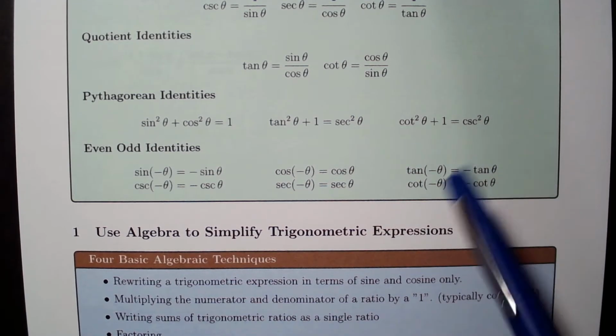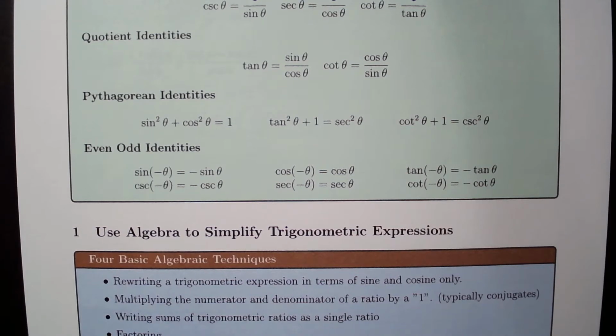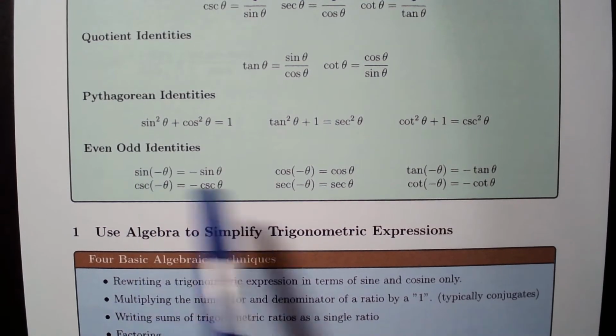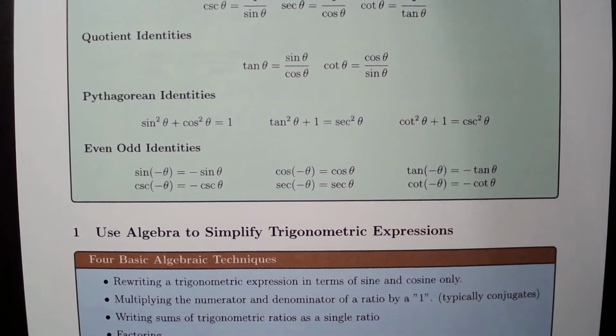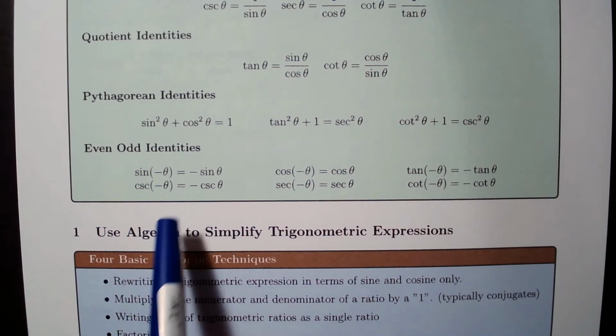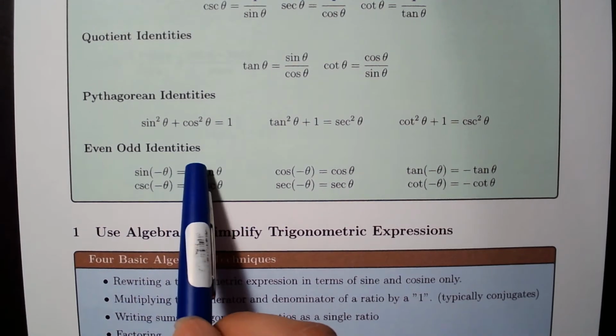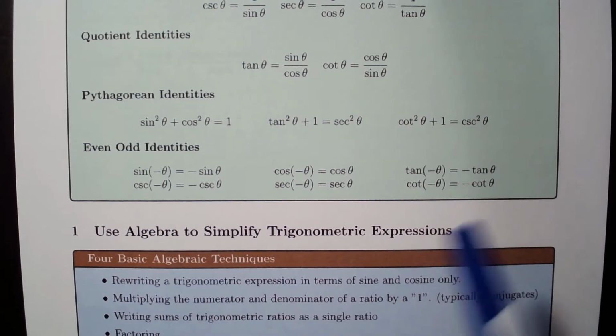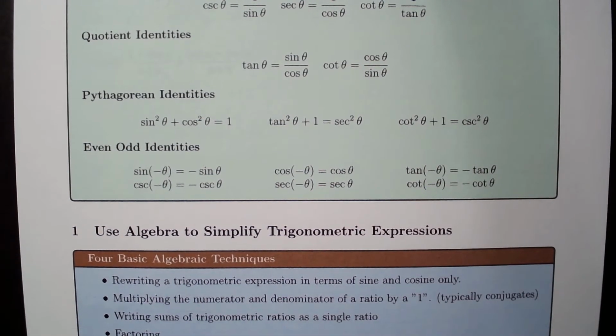That is, geometrically speaking, they are symmetric about the origin. When you evaluate these four functions at a negative angle, the negative sign does not disappear; in fact, it goes outside, as you can see for sine, cosecant, tangent, and cotangent.